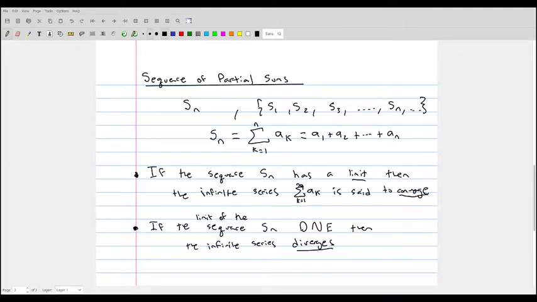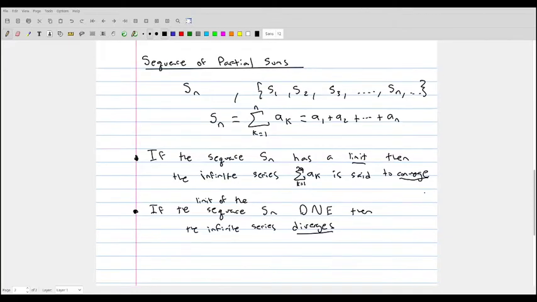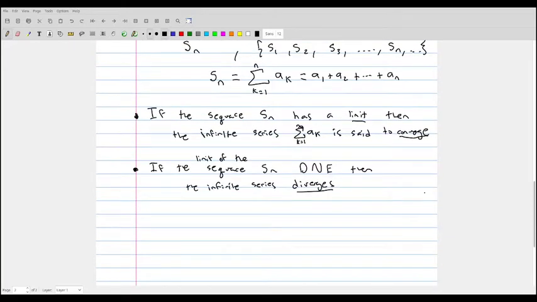So simply put, we just use the definition of convergence of a sequence to define what it means for an infinite series to converge. Specifically, we look at a very specific sequence, this sequence of partial sums. So like the first term in this sequence is a1, the second term is a1 plus a2, the third term is a1 plus a2 plus a3, right, and so on and so forth.